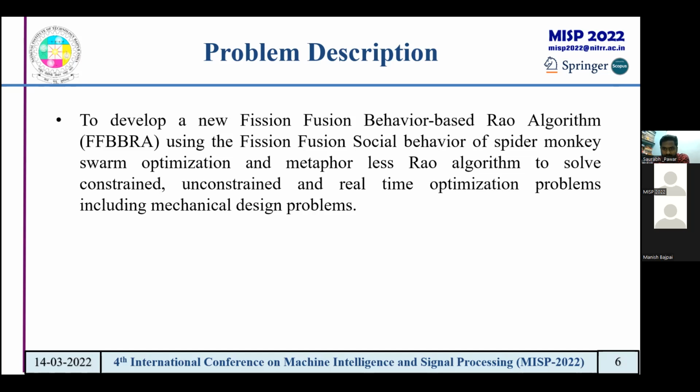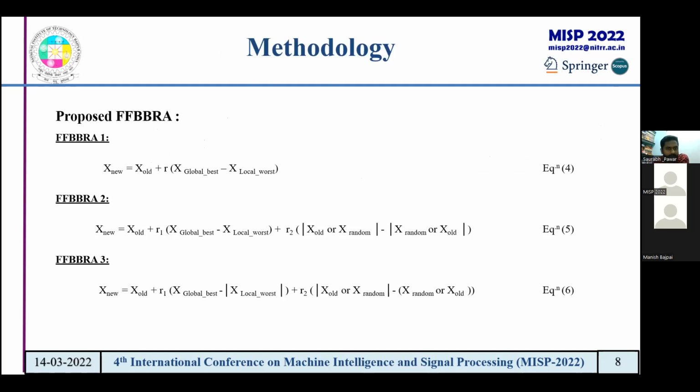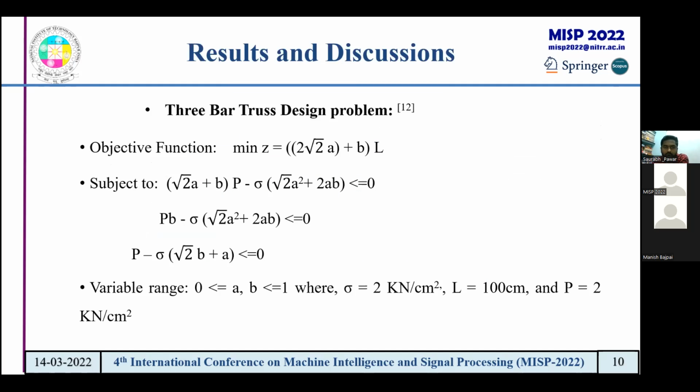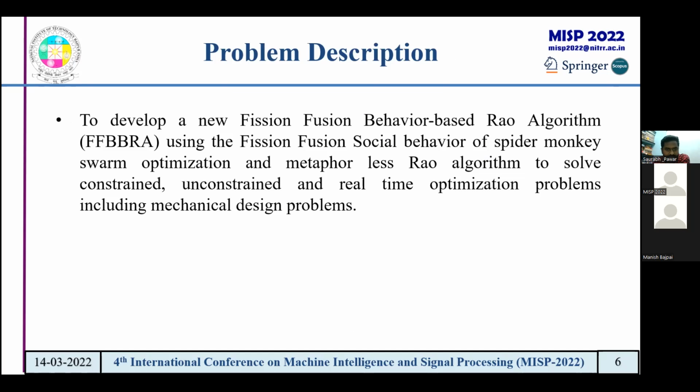What is that mechanical design problem, and why did you specifically mention it in the problem statement? This proposed methodology is tested for unconstrained problems and real-time optimization, including mechanical design problems.